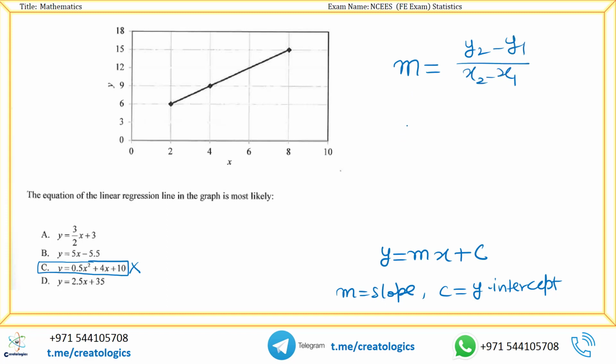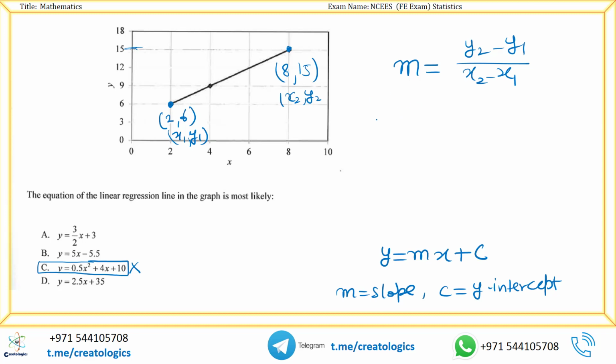If you have 2 points, let's say in this case, what's the location of this point? Its x coordinate is 2 and the y coordinate is 6, so it represents (2, 6). And for this point, its x value is 8 and its y value is 15, so (8, 15). The first represents x1 and y1 values, the second represents x2 and y2 values.